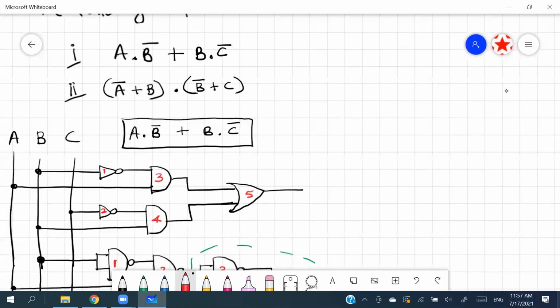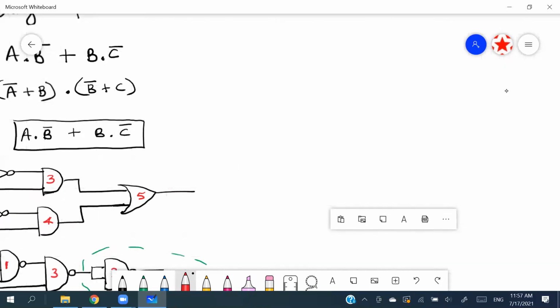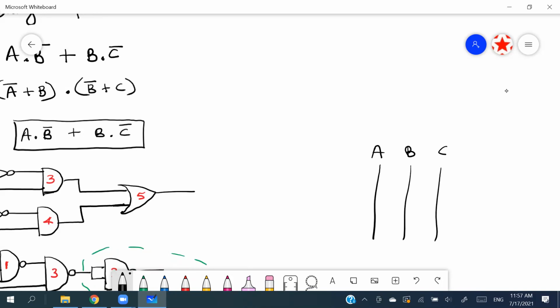Right, so let me do it again. A dot b bar plus b dot c bar. So I'm going to have the same lines a, b, and c, right? So I'm going to draw the basic circuit quickly.